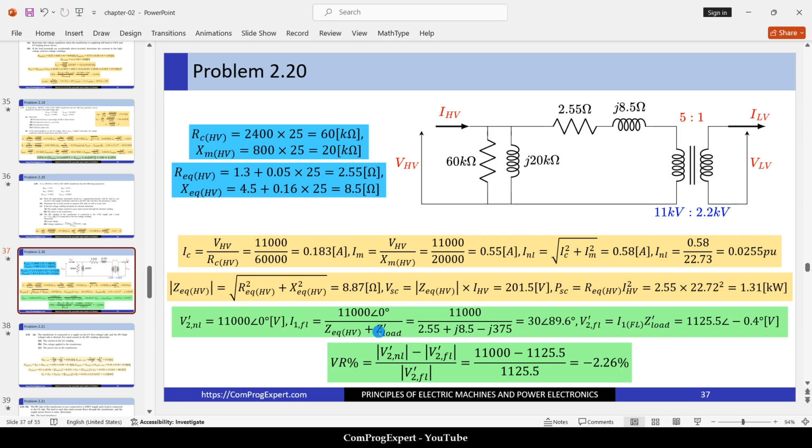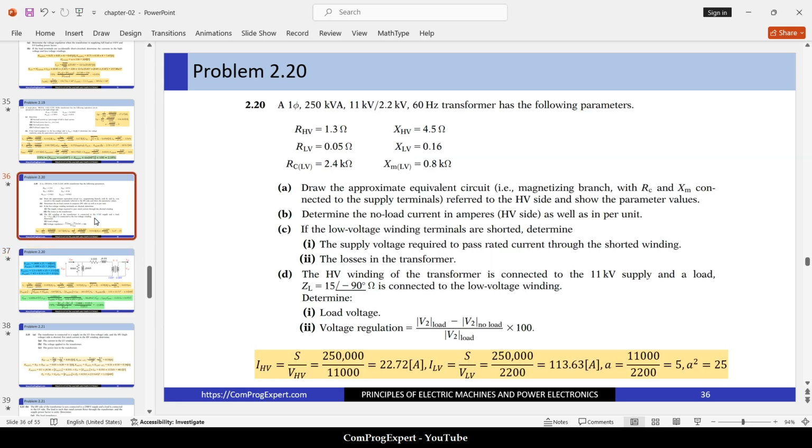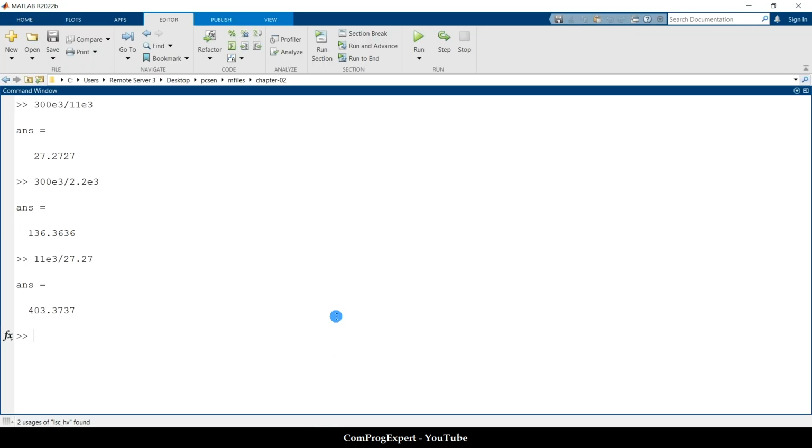What is the value of the ZL prime? Here, as you can see in this case, we have a capacitive load, a capacitor. This is minus 90 degrees. This is the ZL. We need to multiply 15 by a to the power 2. So how much is that?